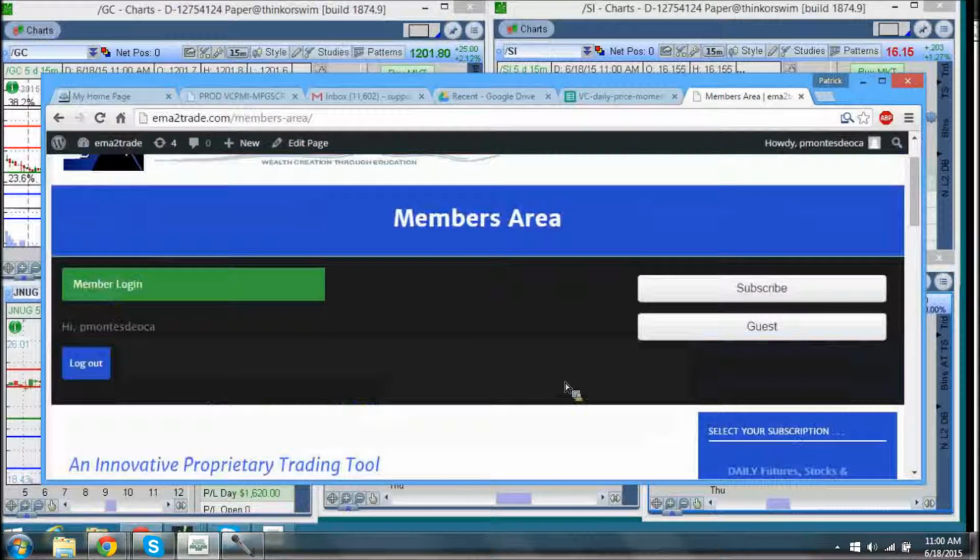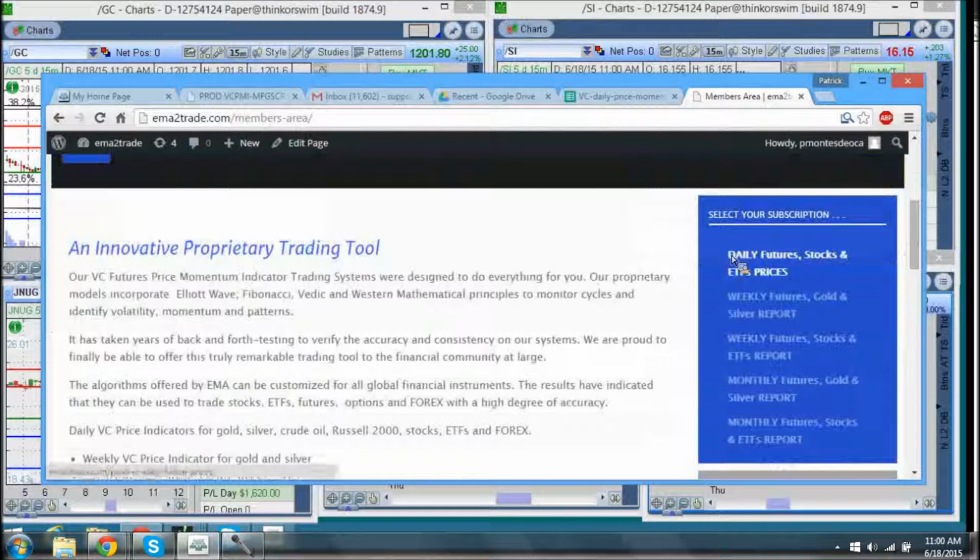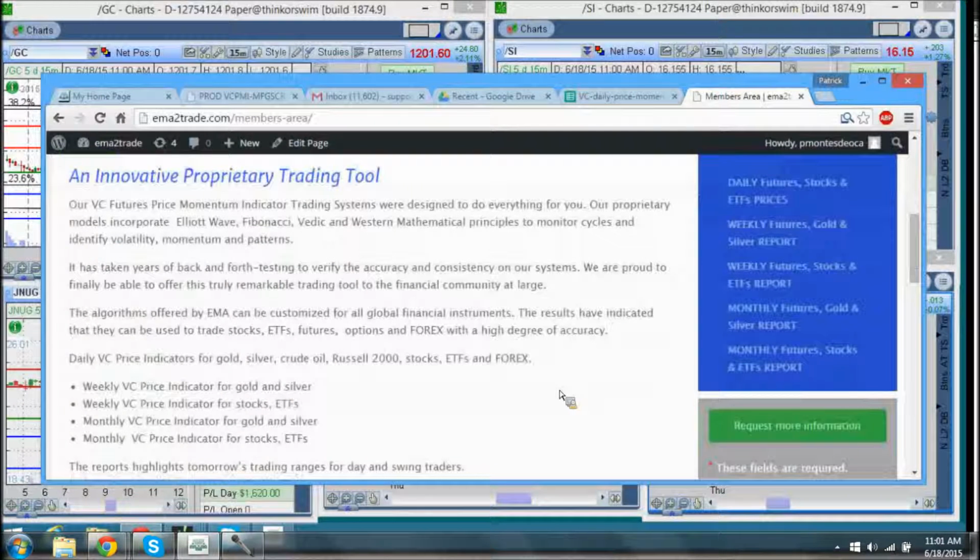And you see on the right side here a selection of subscriptions that we publish every day. The intrinsic value that we offer our subscribers is that we publish this information a day before. We publish a daily VC price indicator for gold, silver, crude oil, Russell 2000s.